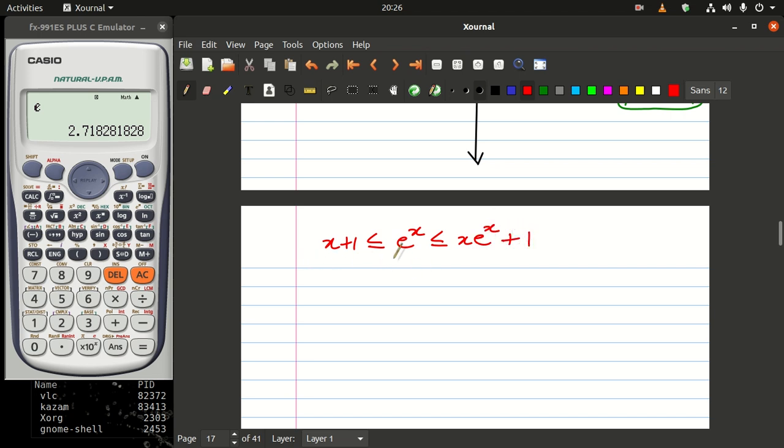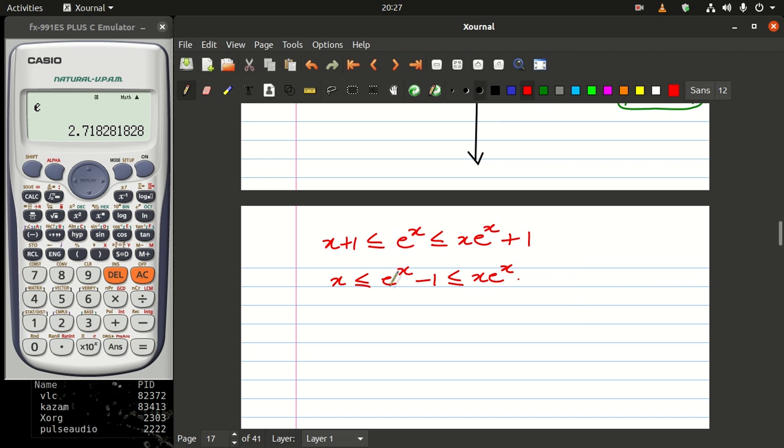So if I subtract a 1 throughout, I will end up having x is less than or equal to e to the power x minus 1, less than or equal to x e to the power x, and in this particular region here, this 1 will be gone when I'm subtracting a 1.